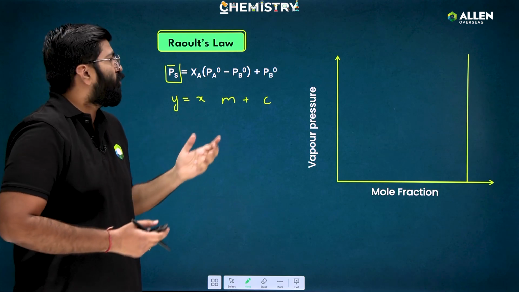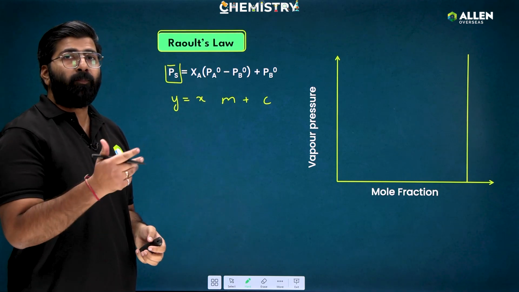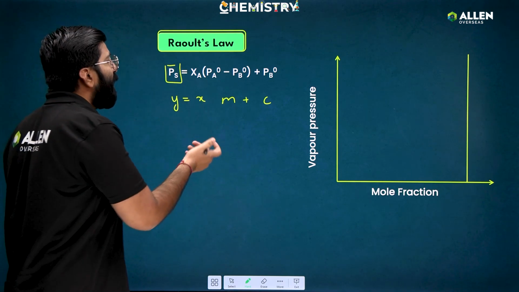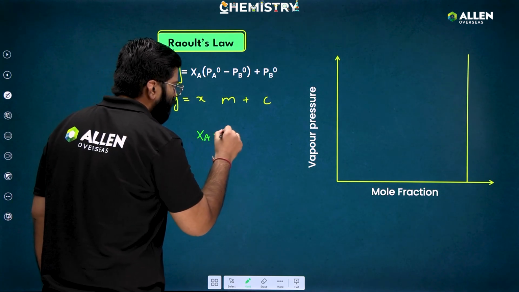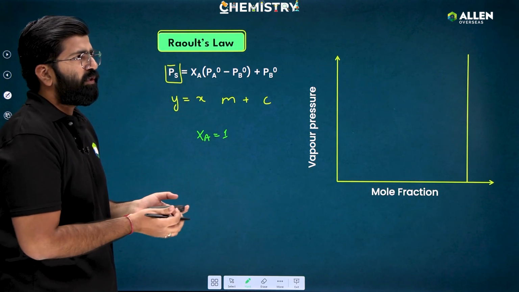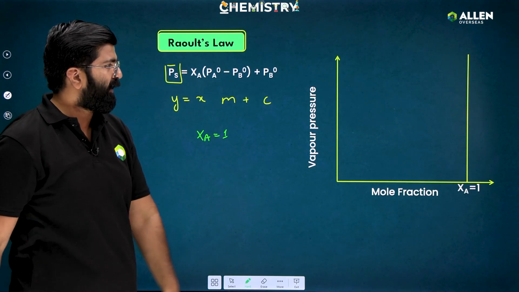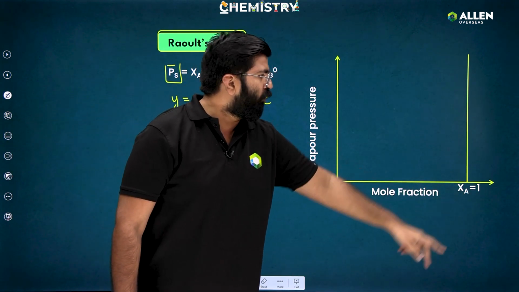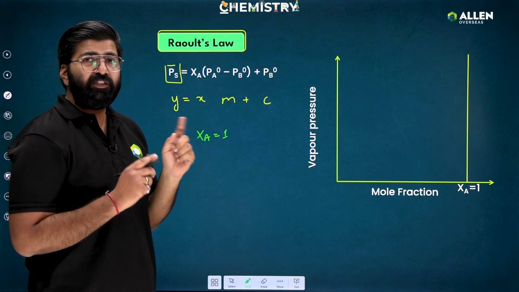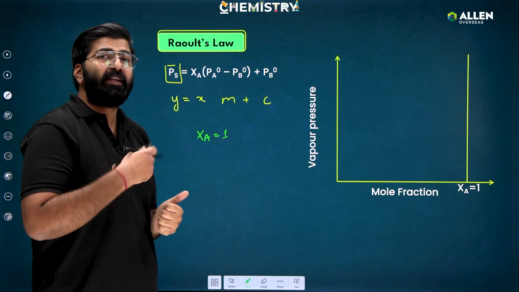Why am I saying this? Because we can also assume a condition where the mole fraction of A is 1, or you can say in the solution there is only A, B is not there. In this situation, the mole fraction of A is 1, but the mole fraction of B will be 0.